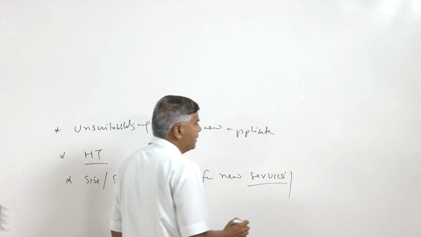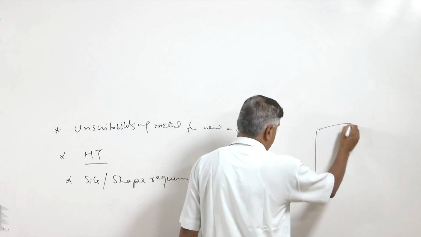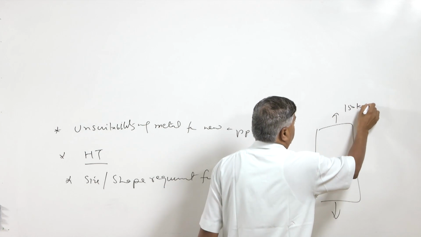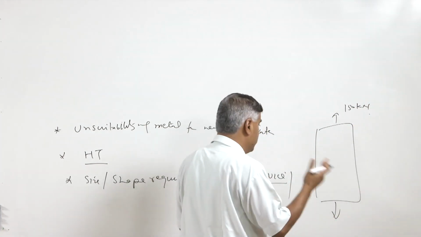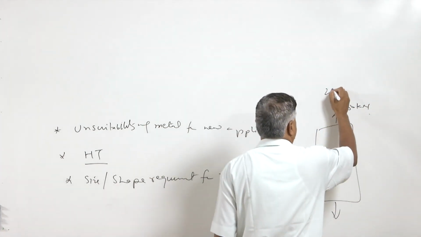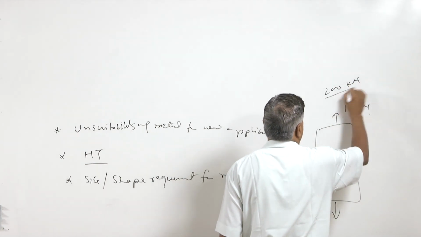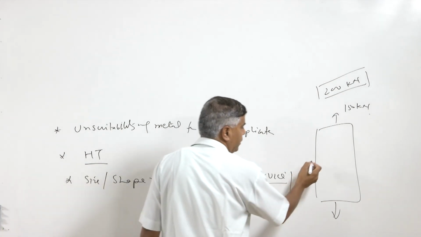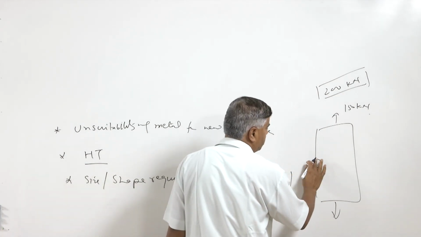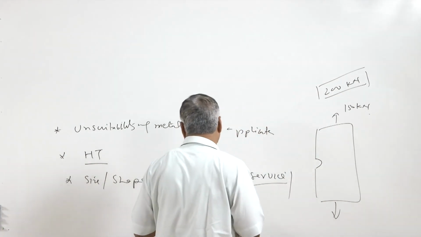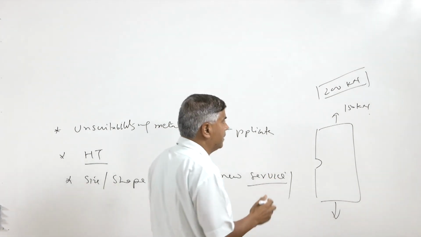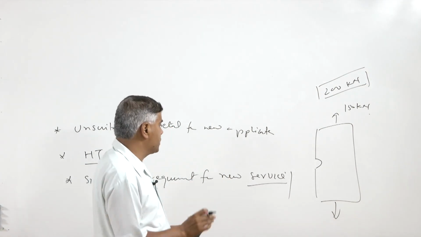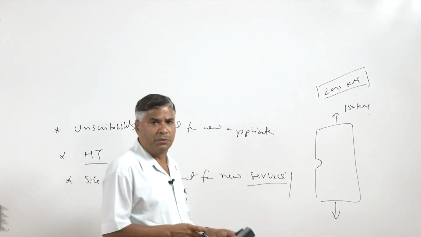Like if earlier it was being used for carrying the load of 150 kilonewton, but in the new service if it is to be subjected to 200 kilonewton, then it will be experiencing the more severe stress conditions. So, the notches or the geometrical features which were present in the component might not have been that crucial, but under the more severe stress conditions, these notches and the stress raisers may become very crucial.